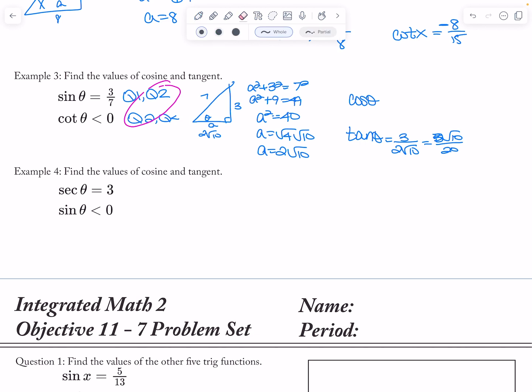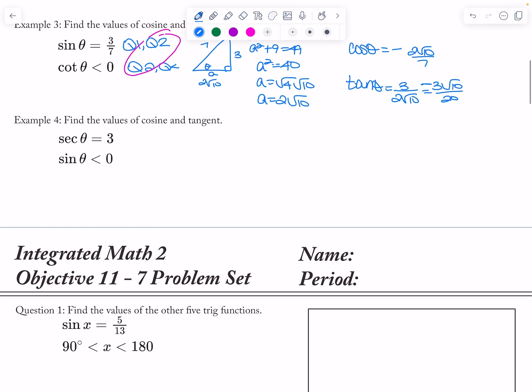And I'm in quadrant 2, which makes this negative. And cosine is also negative, and it should be 2 root 10 over 7. Okay?